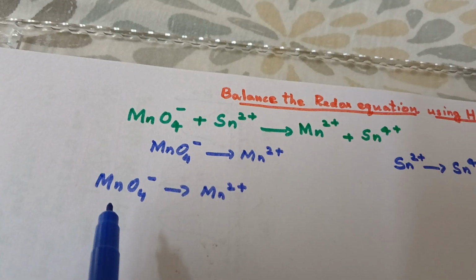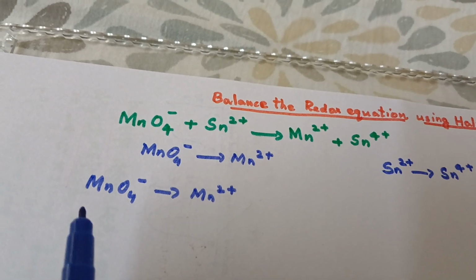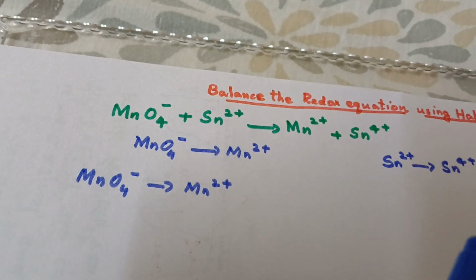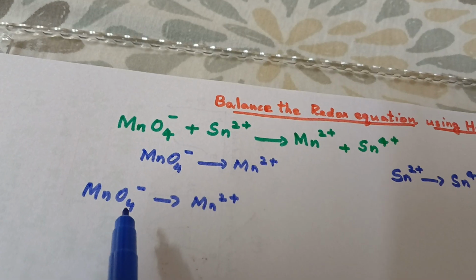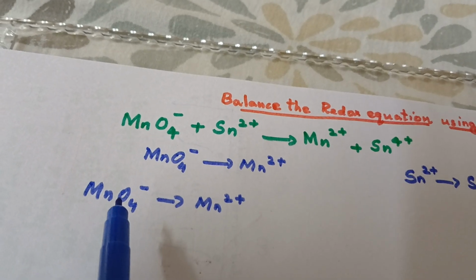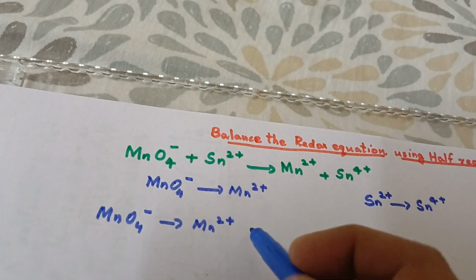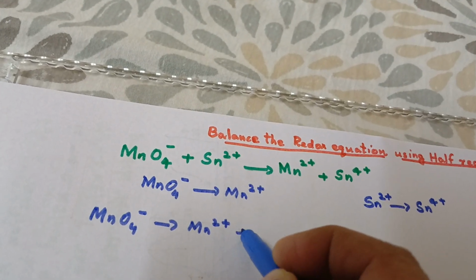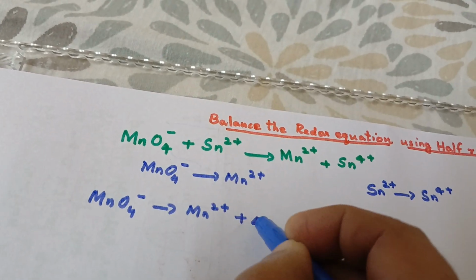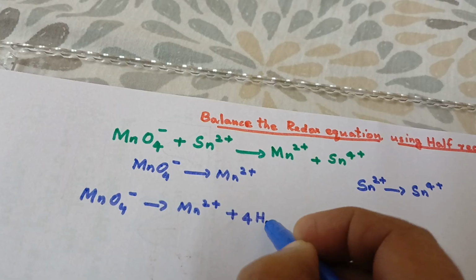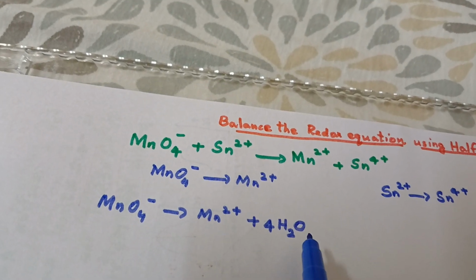Both sides have one manganese atom each, so the manganese atoms are balanced. Now let us go for the oxygens. There are 4 oxygen atoms on the left hand side. So in order to add 4 oxygen atoms on the right hand side, we can add 4 molecules of water. That is how we balance oxygen atoms.